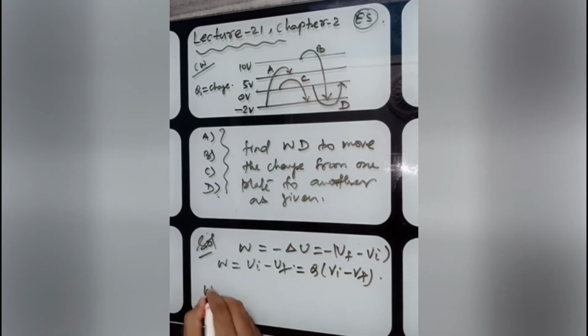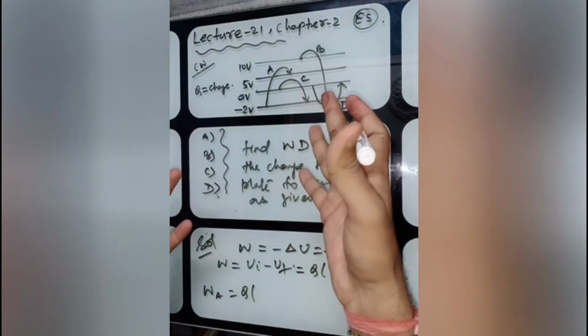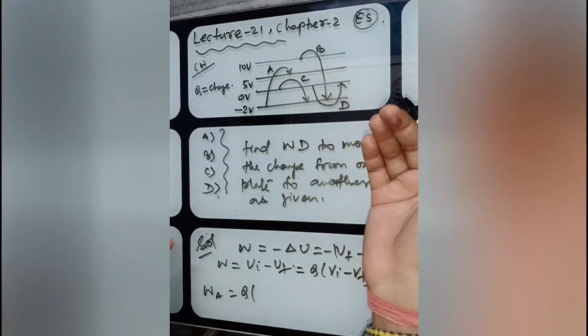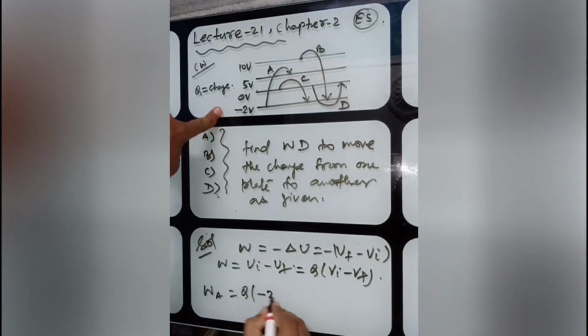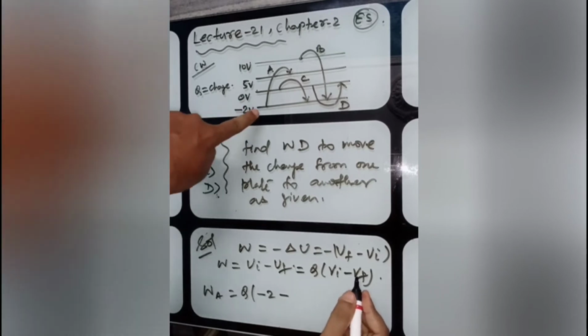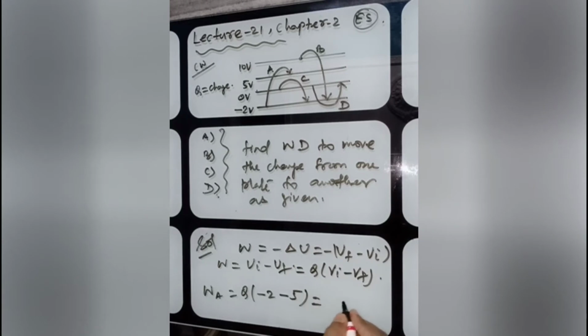So work done in case A, charge itself Q, times V initial. Now this question is very easy, you can solve. V initial, in A it is moving from minus 2 volt, minus V final, and you can see the V final is 5 volt, so this is minus 7Q joule. This is the answer. I hope this is very easy for you.